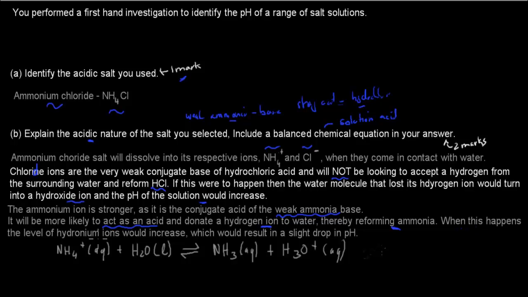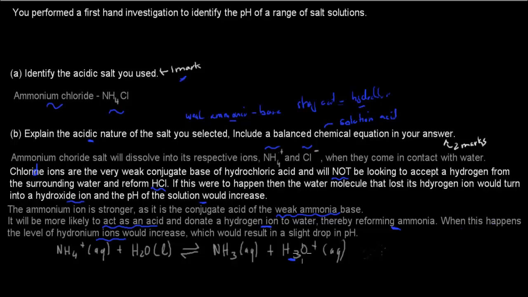When this happens, the level of hydronium ions will increase, which will result in a slight drop in pH. And this is our equation: ammonium ion plus water, and the ammonium ion donates a hydrogen to the water molecule, which means we have NH3 reforming. That's ammonia reforming, but it's not the main part. The main part is that the water has accepted a proton, so we have hydronium ions, which now re-establish themselves.